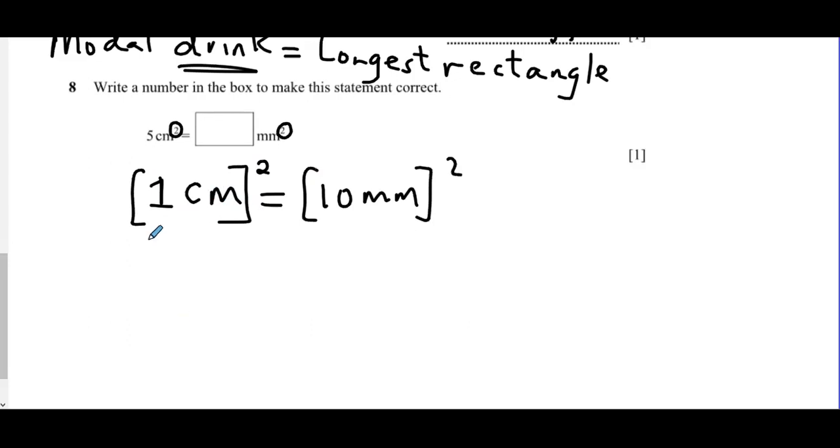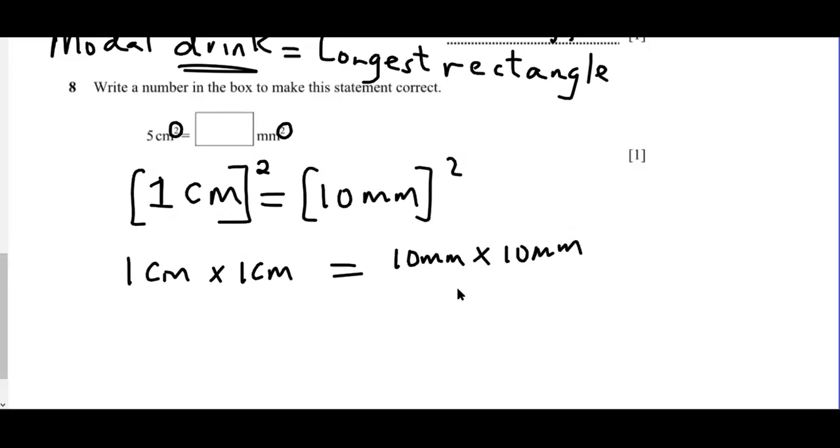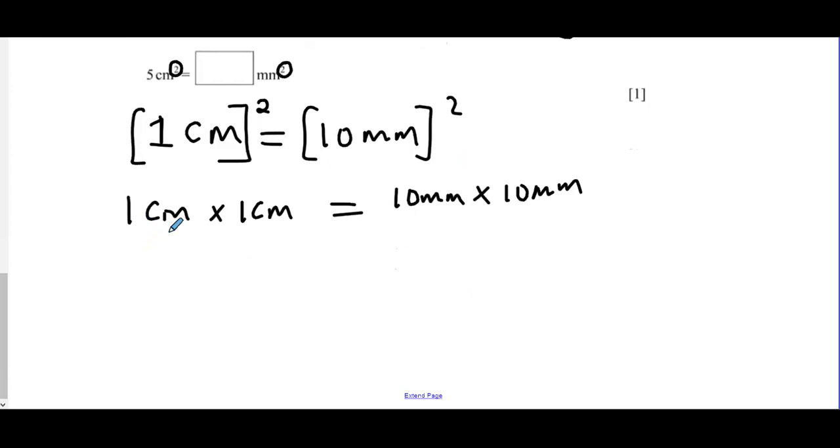So over here, 1 centimeter square will mean 1 centimeter times 1 centimeter, and 10 millimeter square will mean 10 millimeter times 10 millimeter. It means that 1 centimeter times 1 centimeter will be equal to 1 centimeter square.